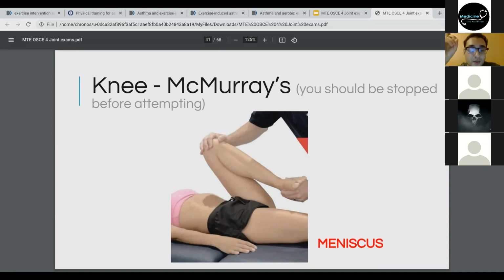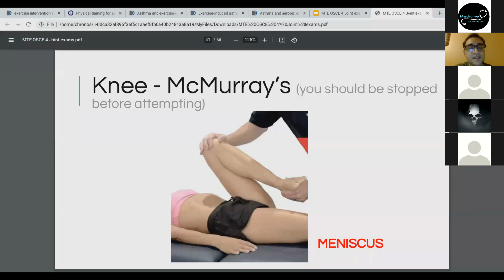So the way you do a McMurray's test, you've got your patient lying back, you get them to fully flex their hip as far as possible and fully flex their knee. You have one hand on top of the knee, and the positive finding from McMurray's is pain, and it's not just a little bit of pain, it's severely painful.